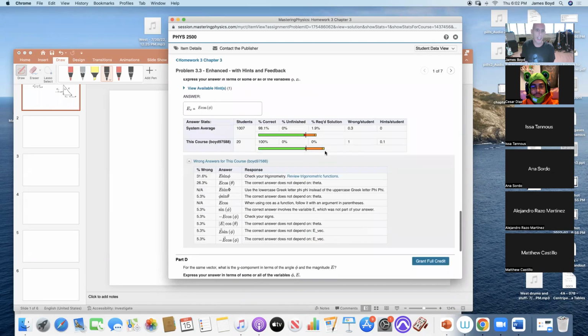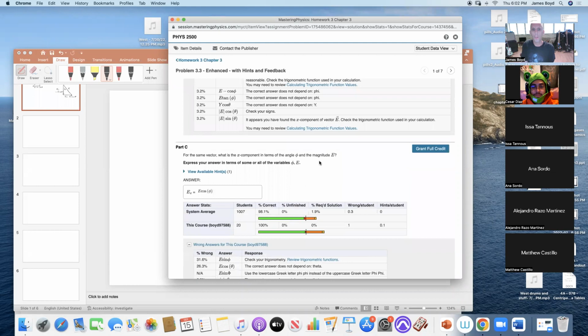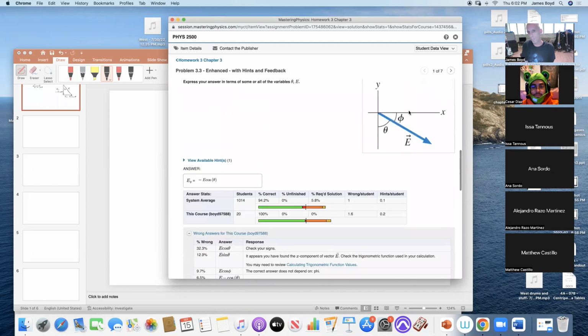Then it's going to ask you for using the phi angle for EX. EX here would be along the x-axis.